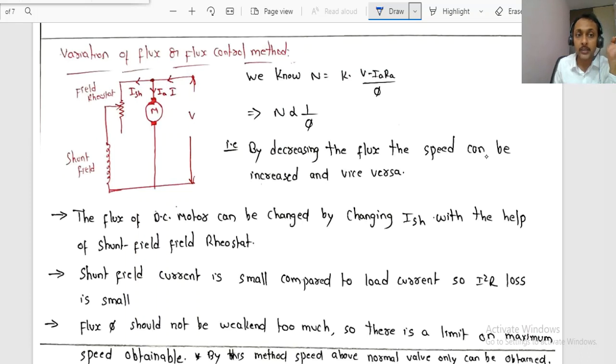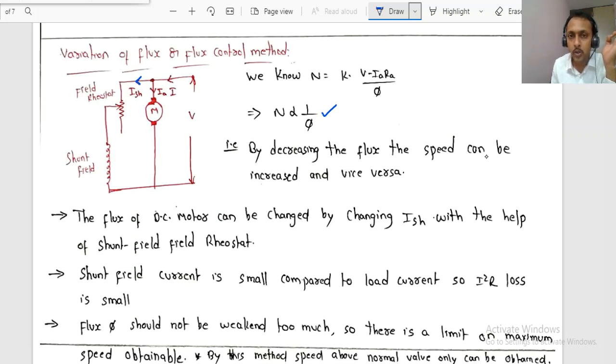The flux is established in the field winding because of the flow of current in the field winding. The current flowing in the field winding is ISH. By controlling the amount of this current with the help of a rheostat called the field rheostat, we can control the flux. Observe from this equation, N is inversely proportional to flux. What does it mean?